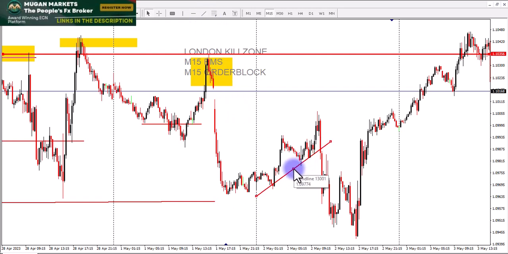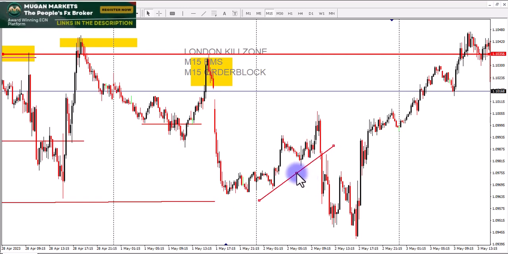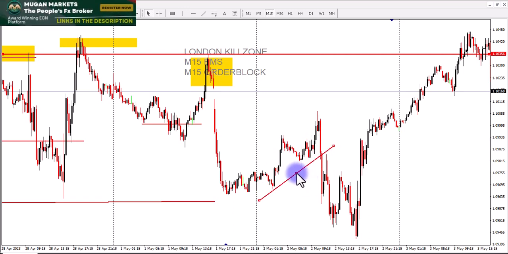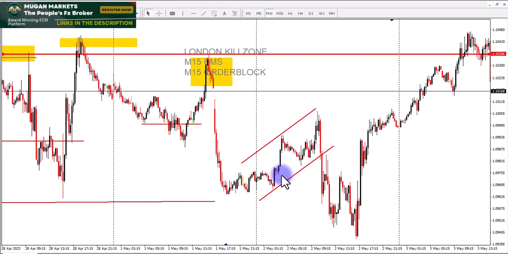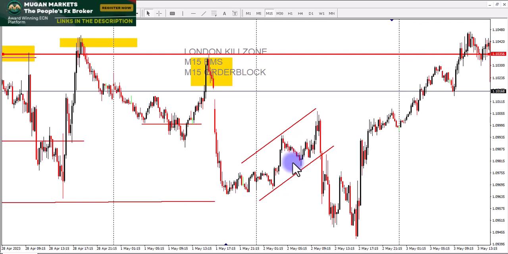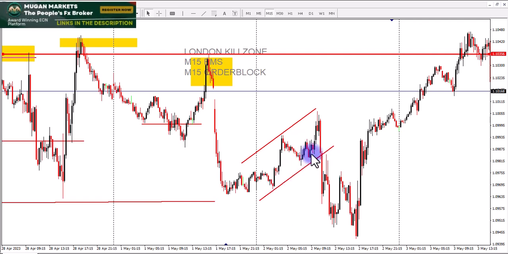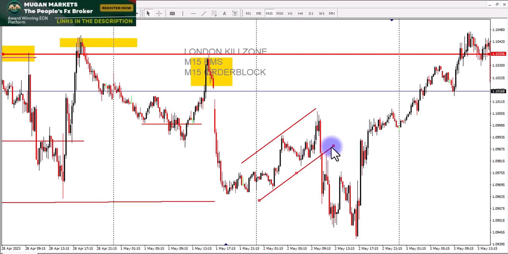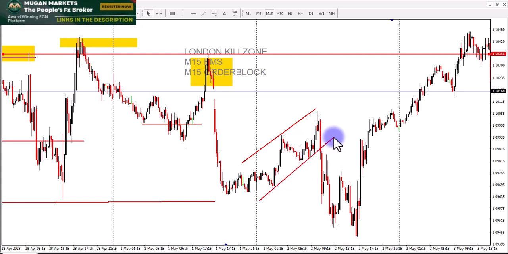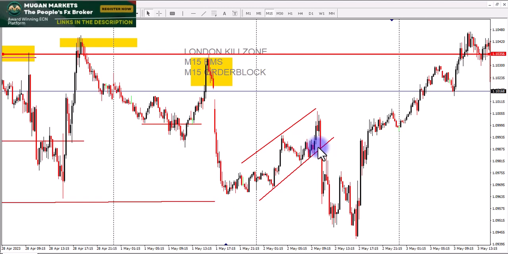If you draw your trend line here, you see that some of us would have been fooled to take this trade. But I want to show you something that I've taught on this channel again. I have taught you how to enter trades using these trend lines, right? Remember that? When you draw a trend line like this on the M15, let's just refine it so that it looks exactly like I told you.